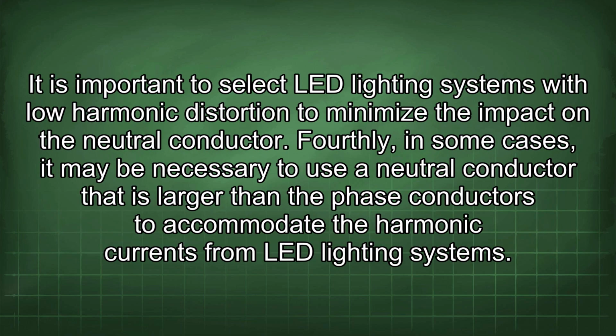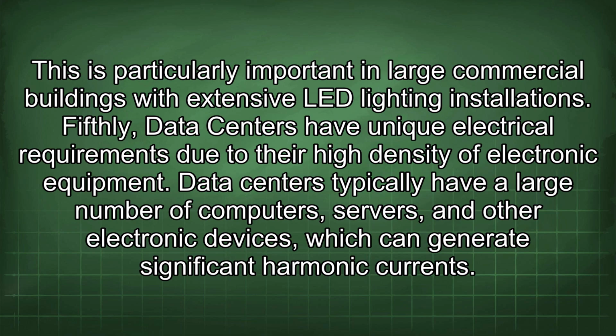It is important to select LED lighting systems with low harmonic distortion to minimize the impact on the neutral conductor. Fourthly, in some cases, it may be necessary to use a neutral conductor that is larger than the phase conductors to accommodate the harmonic currents from LED lighting systems. This is particularly important in large commercial buildings with extensive LED lighting installations.